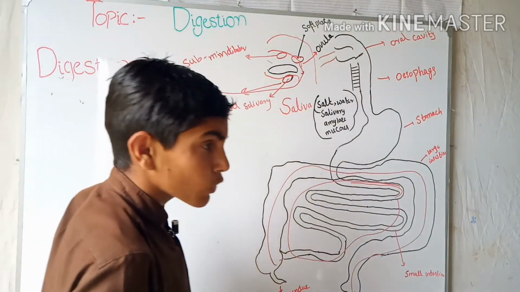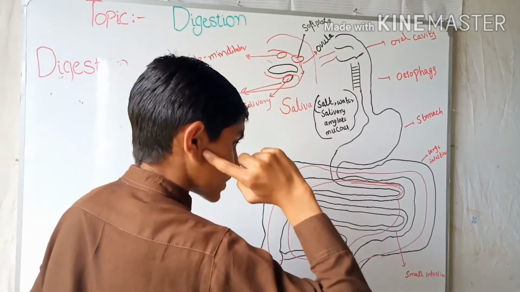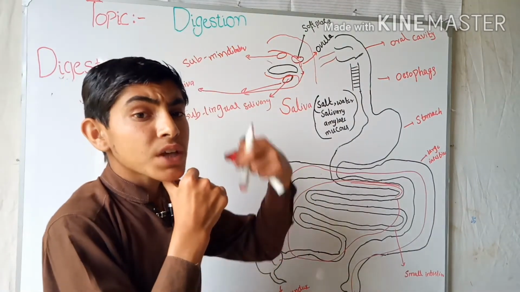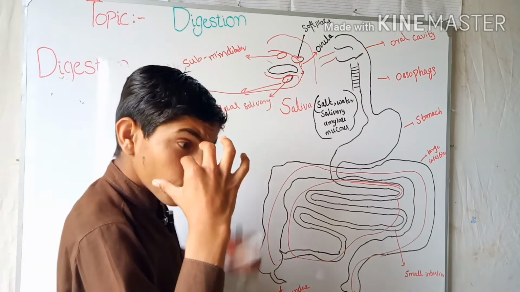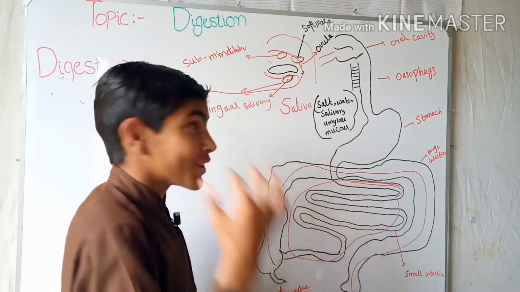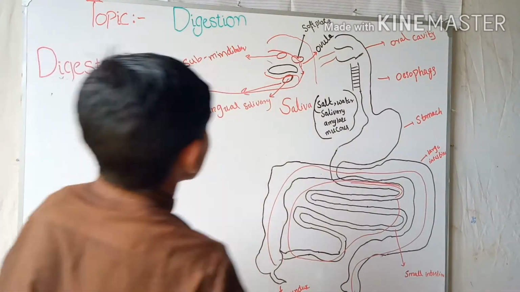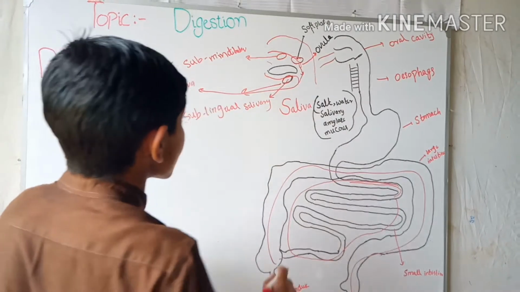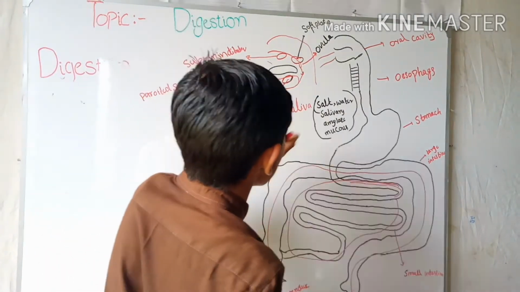The parotid is located beside this portion, here is the sublingual, and a little upper side is the submandibular. So these salivary glands secrete several chemicals which we call saliva.